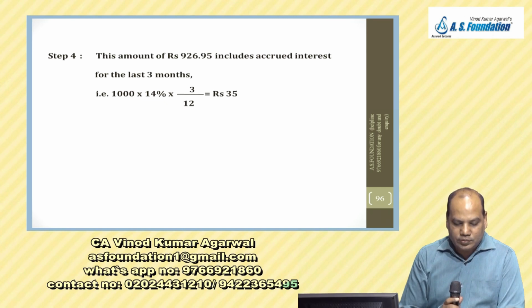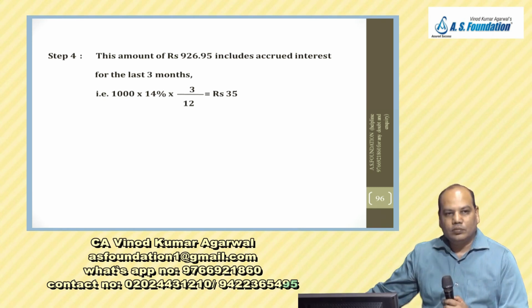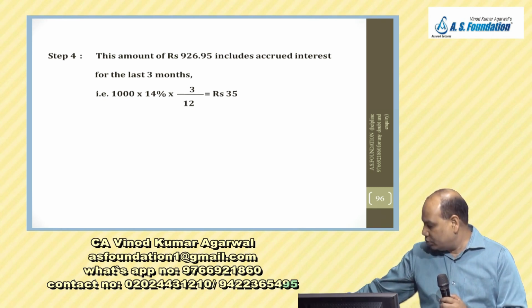That is 1000 into 14% into 3 by 12 equal to rupees 35.